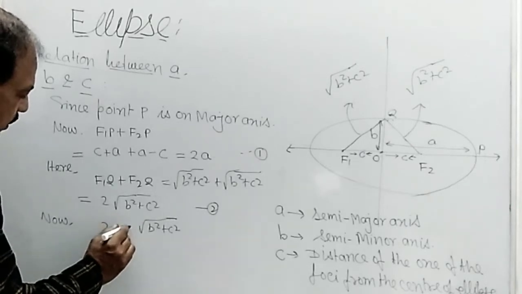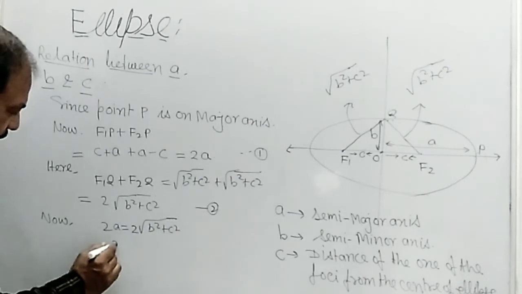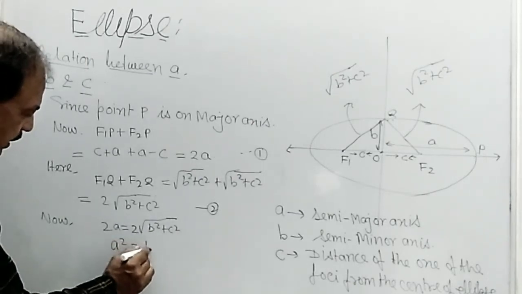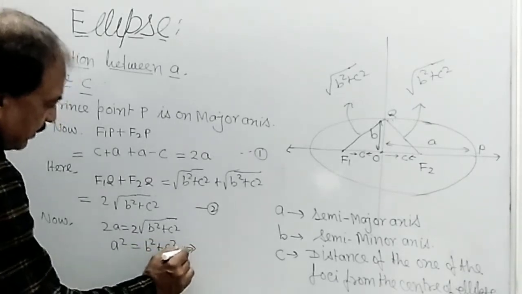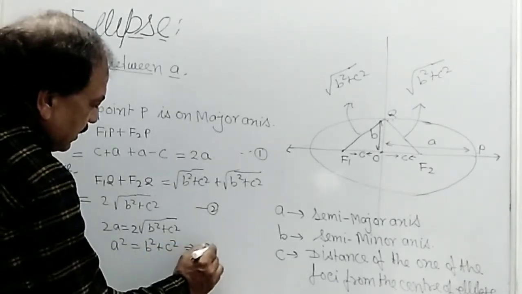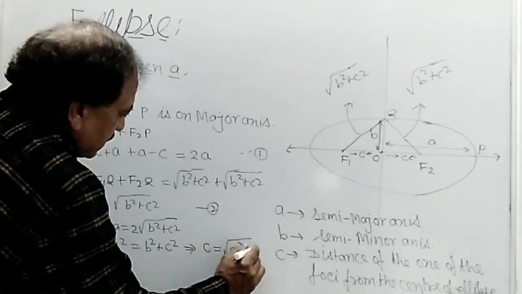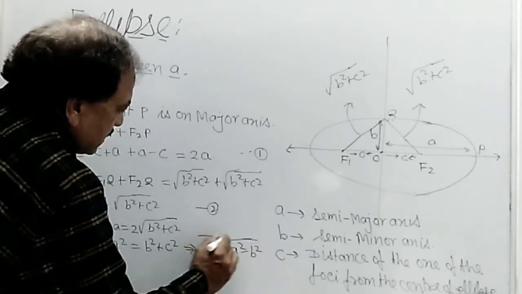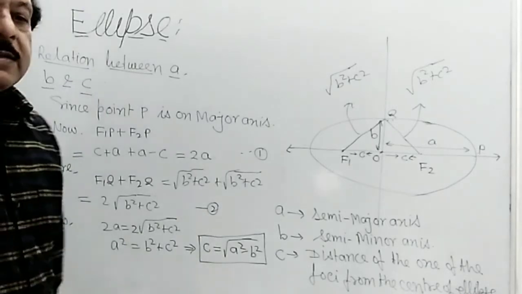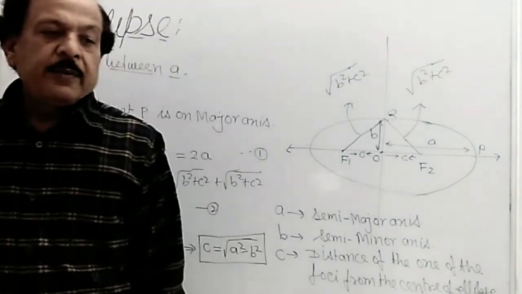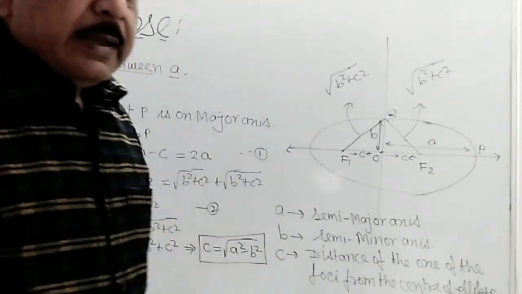This implies that A square equals B square plus C square. That implies C equals under root A square minus B square. So this is the relation between A, B and C: C equals under root A square minus B square.